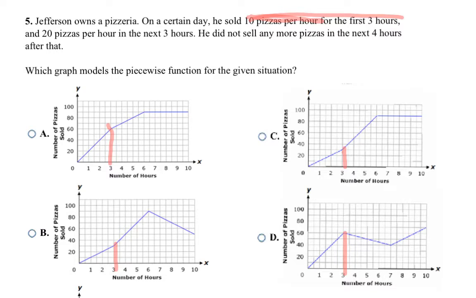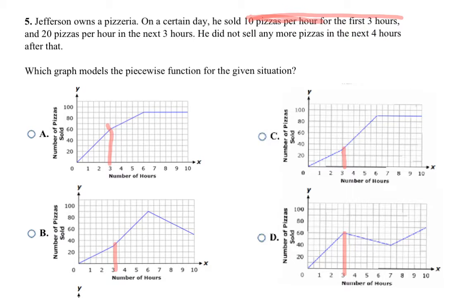So I'm looking for a line that goes up 10 and over 1. So from 0, I'm looking to go up 10 and over 1. And A does that. So B, I'm looking to go up 10 and over 1.